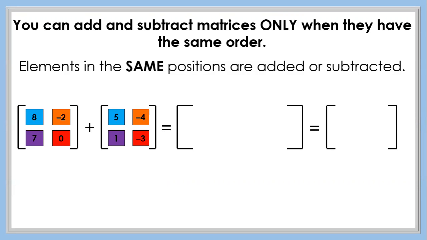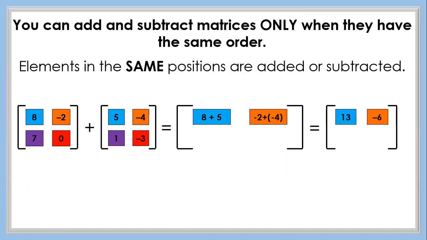So when we add first with first, 8 plus 5 is equal to 13. Second with second. So negative 2 plus negative 4 is equal to negative 6.